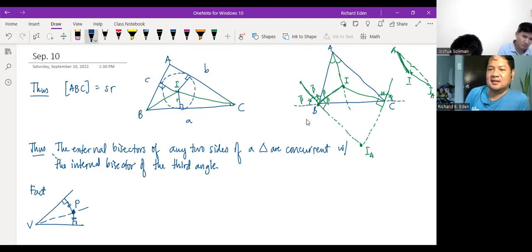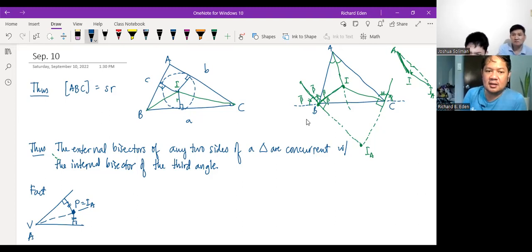We have to show the distance of I A from B and C is equal. So you have to show I A is equidistant from B and C.